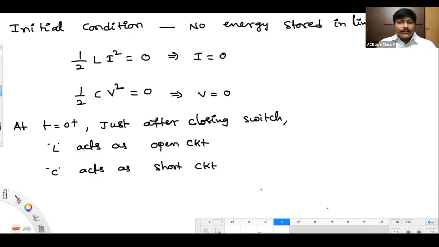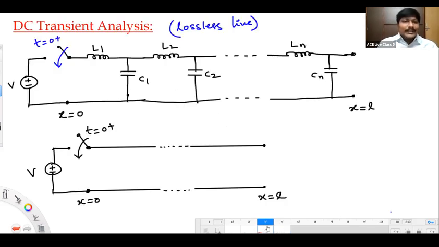Inductor acting as an open circuit, and the capacitor acting as a short circuit. Okay, next thing. Please kindly listen. Very simple to understand. Don't complicate it.